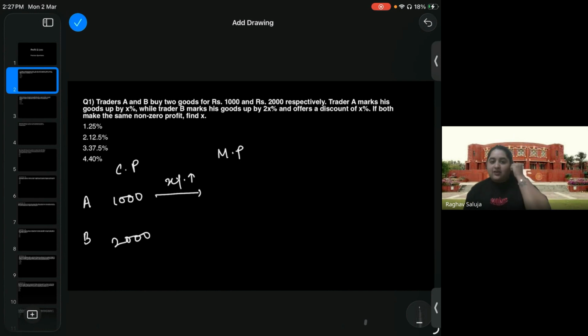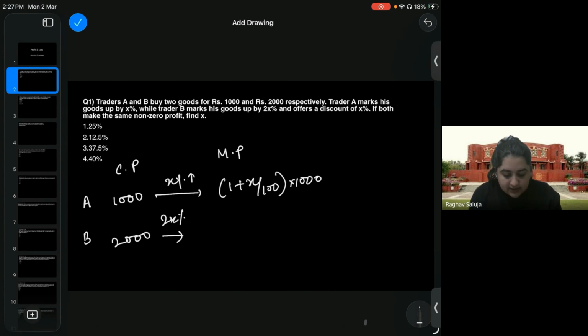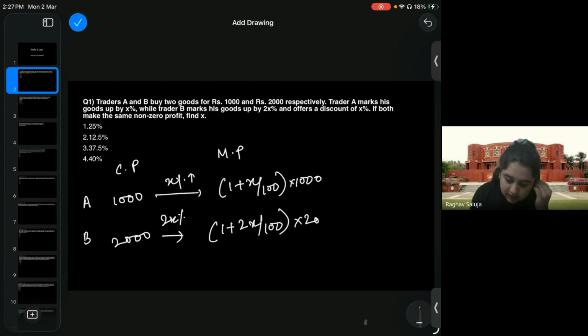So our multiplying factor, when there is an increase, is going to be 1 plus X by 100 into 1000. While trader B marks his goods up by 2X percentage. So similarly, it is going to be 1 plus 2X by 100 into 2000.